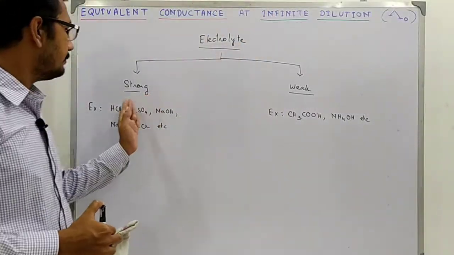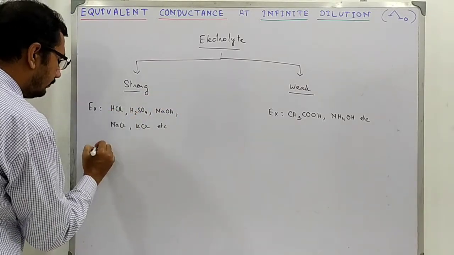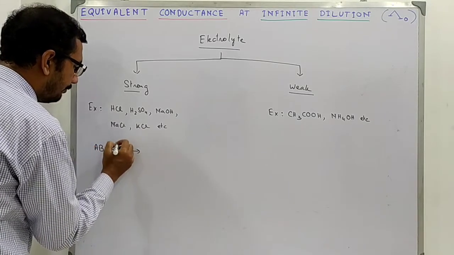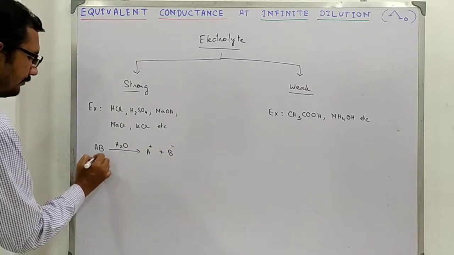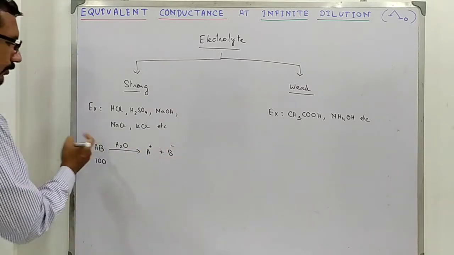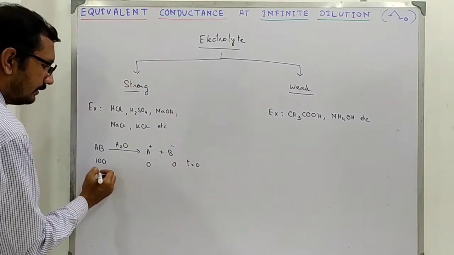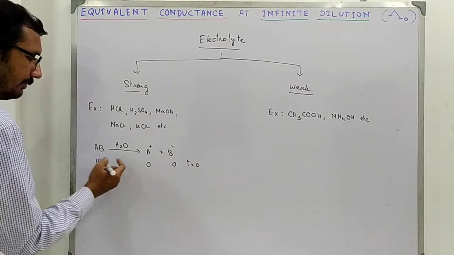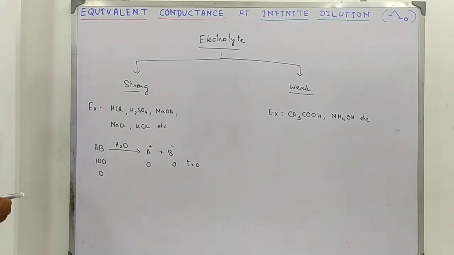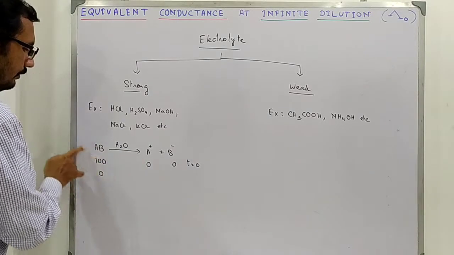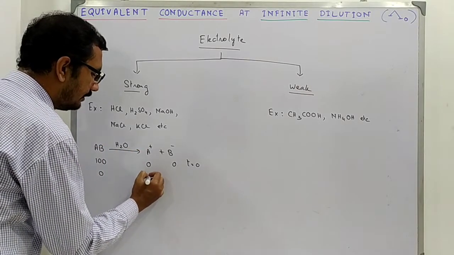So, what is the basic difference between strong and weak electrolytes? Strong electrolytes undergo complete dissociation. So, if we start with say 100 molecules, at the time of start the dissociated amount will be 0, and when the equilibrium is reached, it will be reached spontaneously and very fast. So, when the equilibrium is reached, no molecules will be left and we will have 100% dissociation.